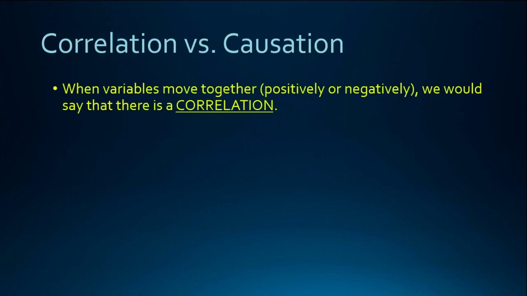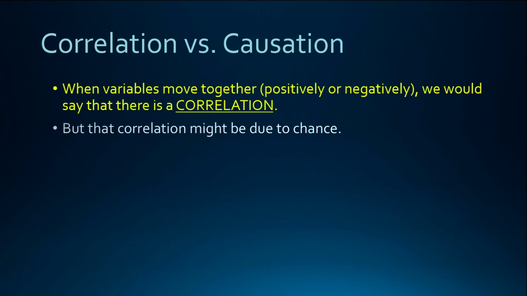Let's talk about this idea of correlation versus causation, because this is something students really need to understand. You've probably heard these topics. When variables move together, whether positively, in the same direction, or negatively, in the opposite direction, we say that there's a correlation.